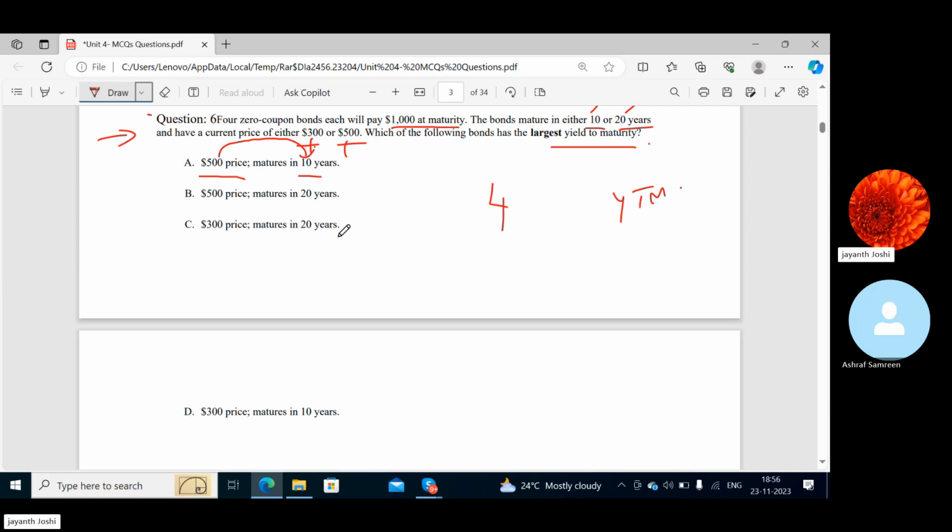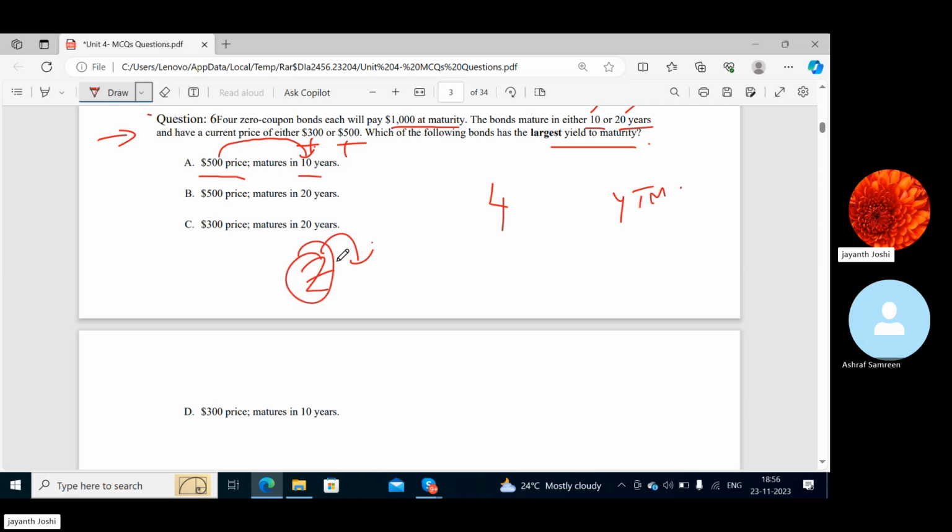A bond's yield to maturity is the ultimate rate of return of the investor. So a bond that is both inexpensive and matures as soon as possible should be purchased to increase the return. Thus, the option here is C. A zero coupon bond does not pay you any coupon, so it gives you only the returns.